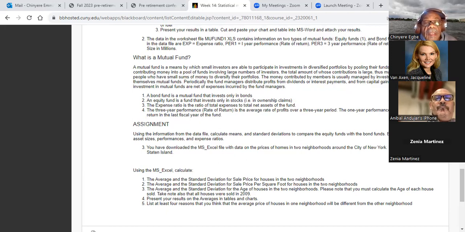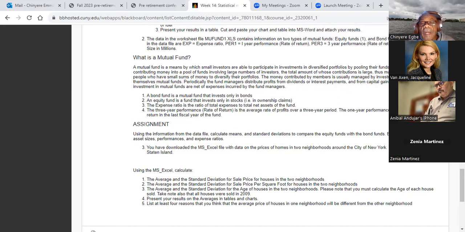You didn't just get an answer somewhere. It says, calculate means and standard deviations to compare the equity funds with the bond funds. Be sure to compare the asset sizes, performance, and expense ratios. So you're looking at three variables there that you should compare in terms of the average between the two kinds of funds, the bond funds and the equity funds.